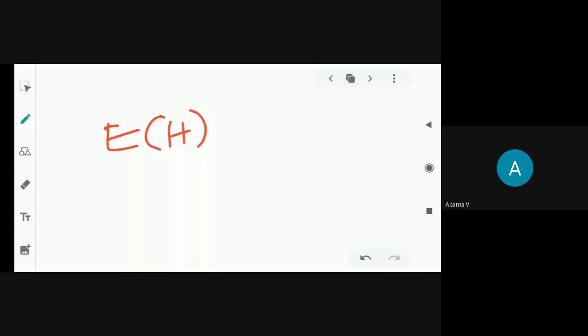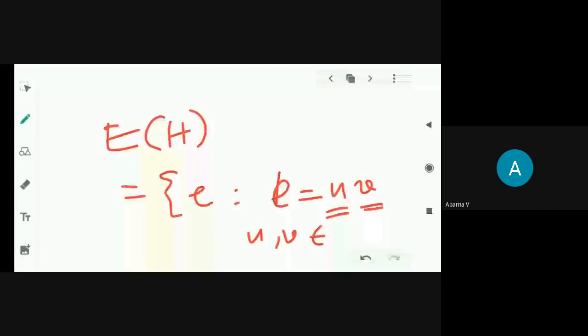When a graph is given, you have to ask yourself what its vertex set and its edge set are. Here, the edge set is those edges whose end vertices, that means if e is equal to uv, u is one end vertex and v is another end vertex, both u and v must be in this U. All such edges are collected. Nothing should be eliminated. Then we get a subgraph, which is what we call a vertex-induced subgraph.